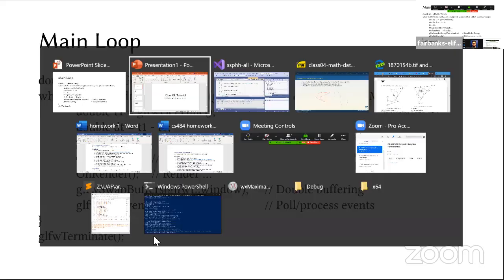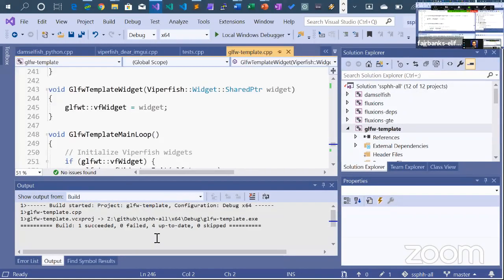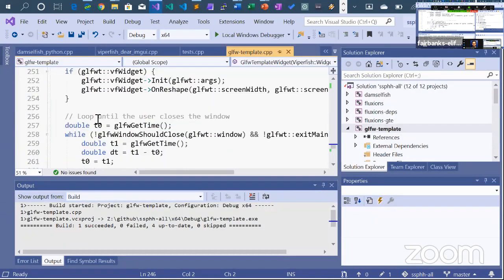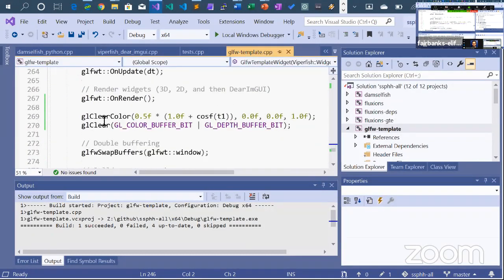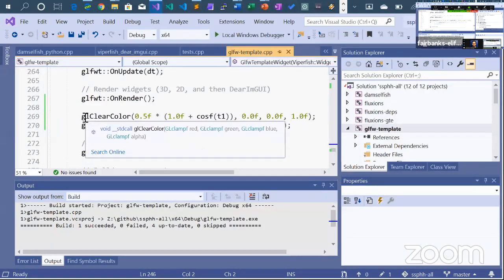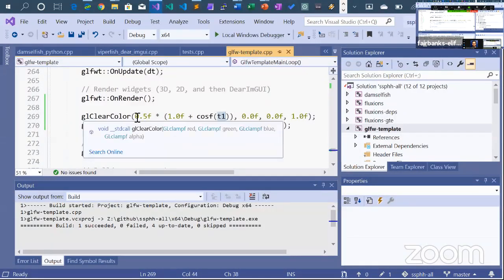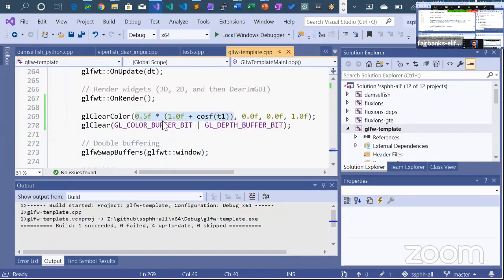Okay, so I have an example program here. I'll just go ahead and run this. It's a little more complicated because it's doing a few more things. Inside the main loop, I'm taking the time and doing a simple function on the red value. I'm calling OpenGL to set the clear color.